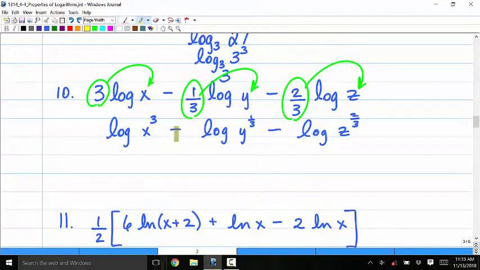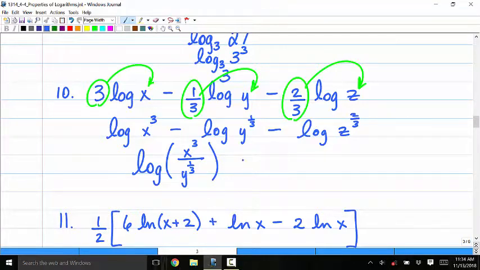Okay, let's take care of this first. So I'm going to do log of x cubed divided by y to the 1/3.